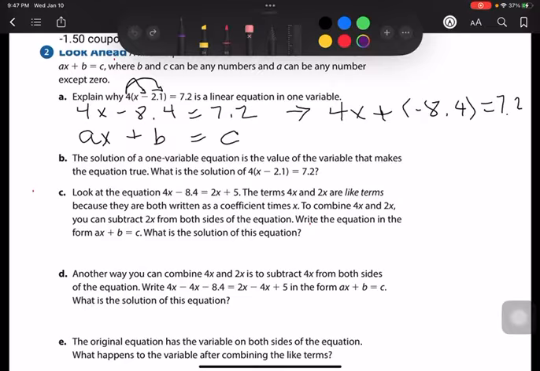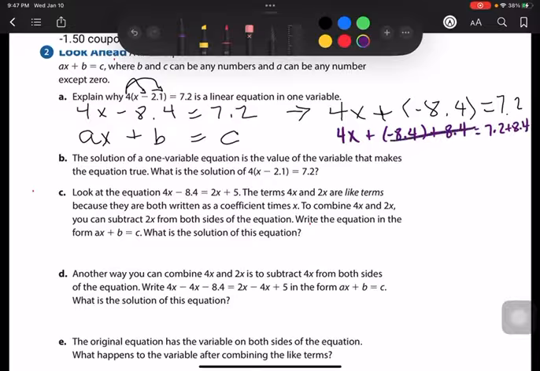We left off here. We have 4x plus a negative 8.4, and we need to add a positive 8.4 so it can cancel out, equals 7.2 plus 8.4. These cancel out.